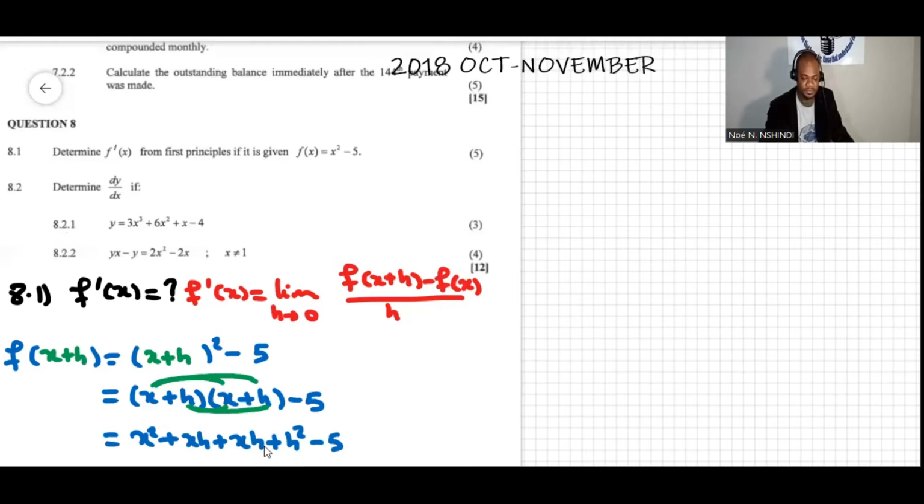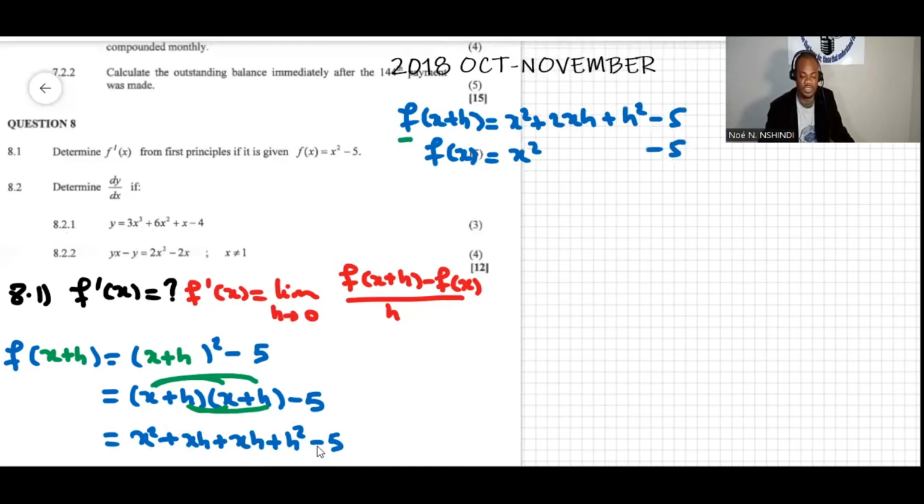Now we can write here f of x plus h equals, combining like terms, x squared plus 2xh plus h squared minus 5. And then f of x was given by x squared minus 5. So what I'm going to do here is work out the numerator. First of all, we worked out f of x plus h, here it is. Now we're going to work out this numerator, f of x plus h minus f of x.